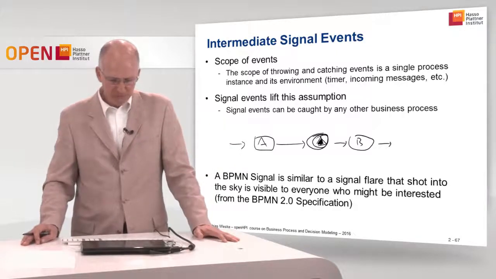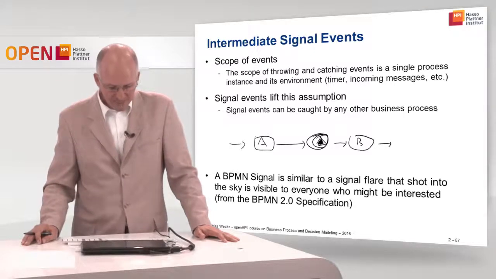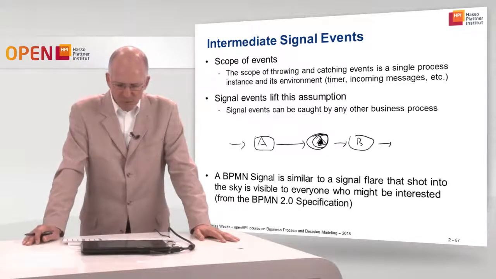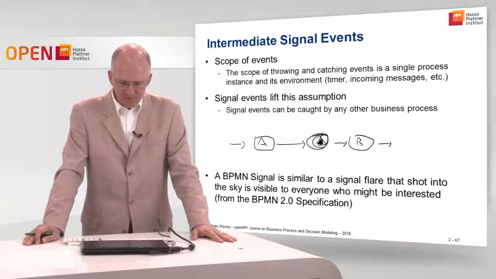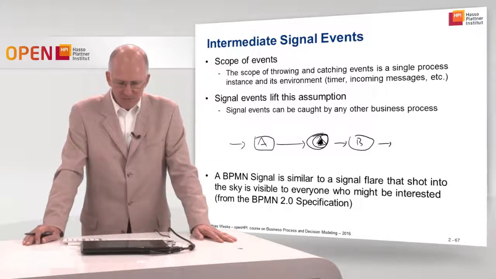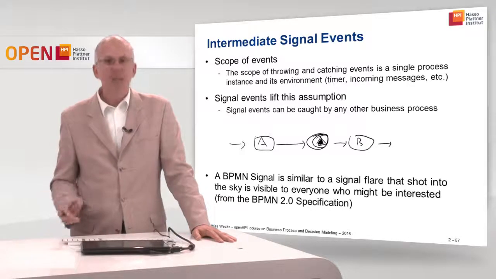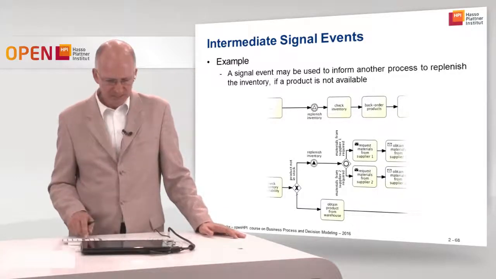Could also be many other different business processes. A BPMN signal, and this is from the specification, is similar to a signal flare that is shot into the air, into the sky, visible to everyone who might be interested. So that's the way in BPMN to communicate events between different business processes.